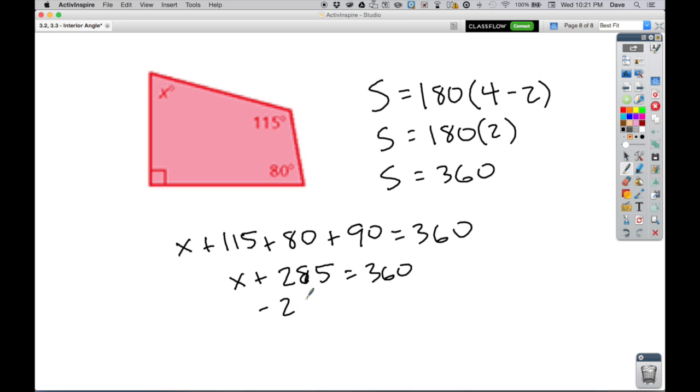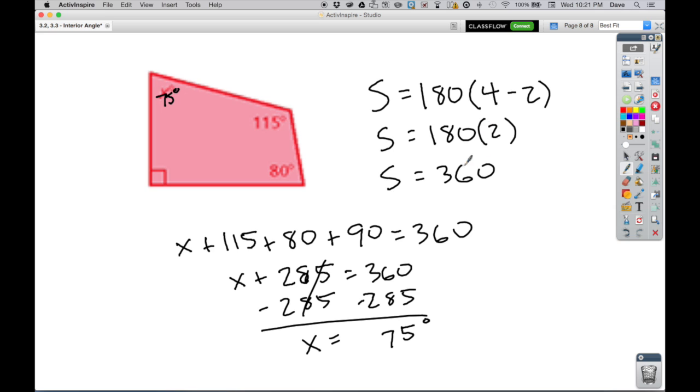Then of course subtract 285 from both sides, and we get x equals 75 degrees. So this angle here was a 75-degree angle.